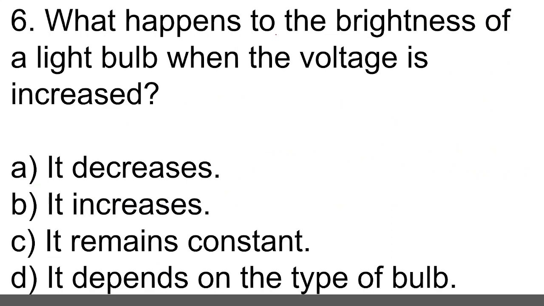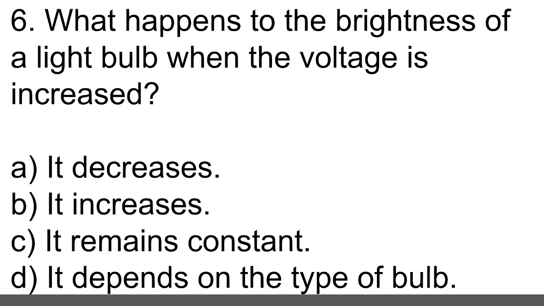Number 6. What happens to the brightness of a light bulb when the voltage is increased? Let's repeat: what happens to the brightness of the bulb when the voltage is increased? A, it decreases.